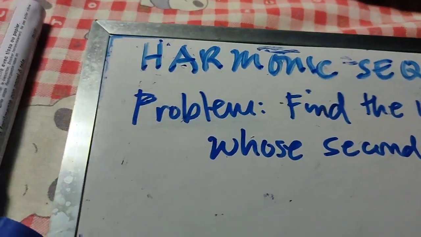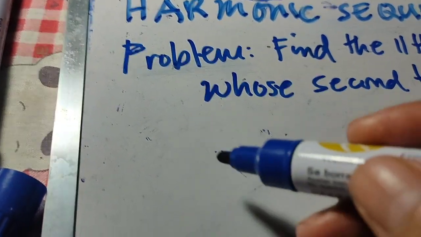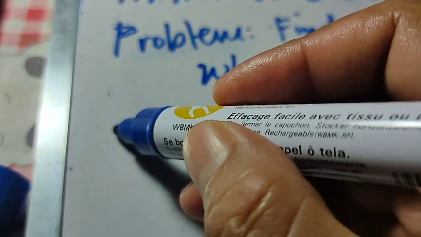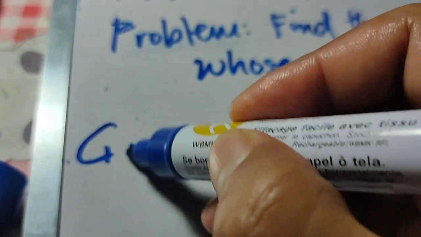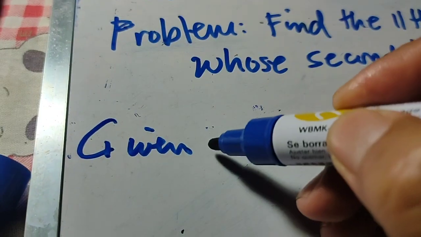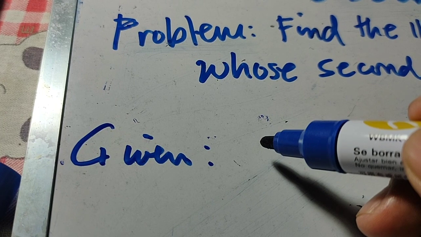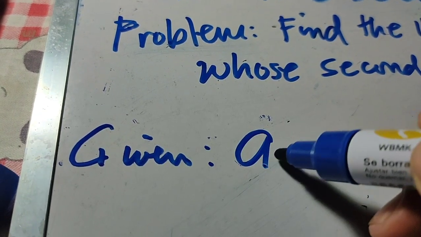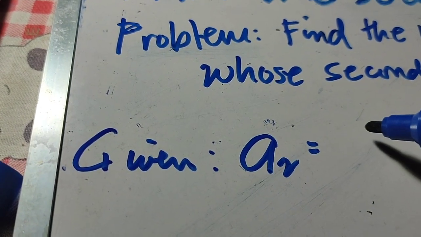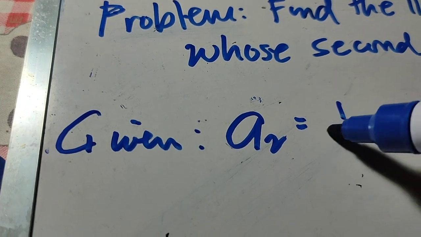Okay, so let us try to write first the given information. So what is given here is we have a sub 2, no? A sub 2 is equal to 1 over 12.